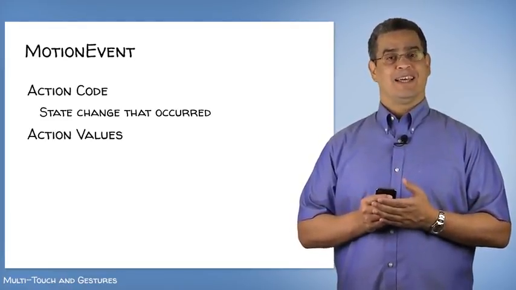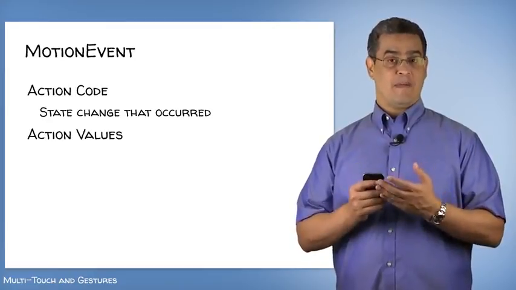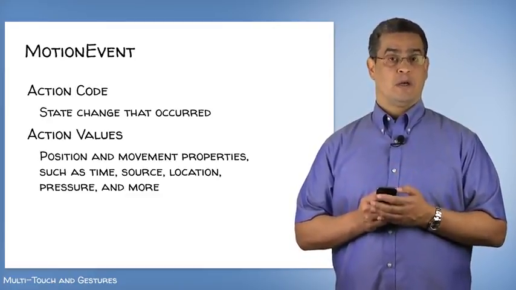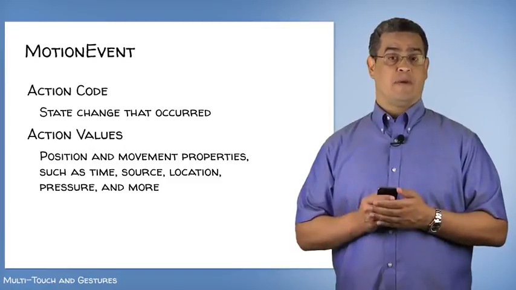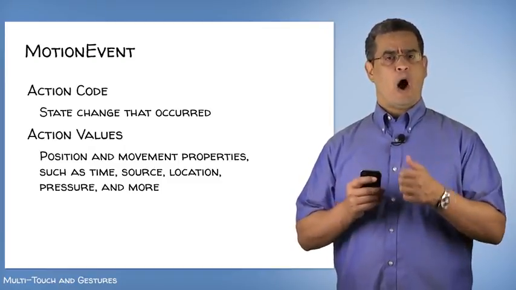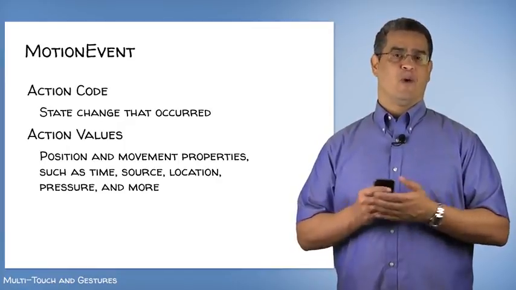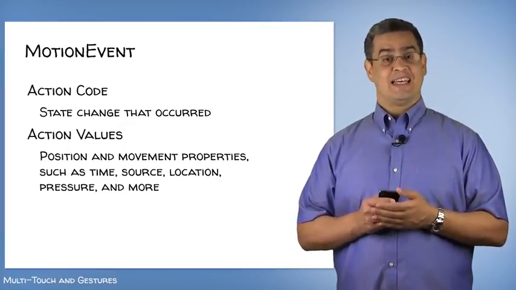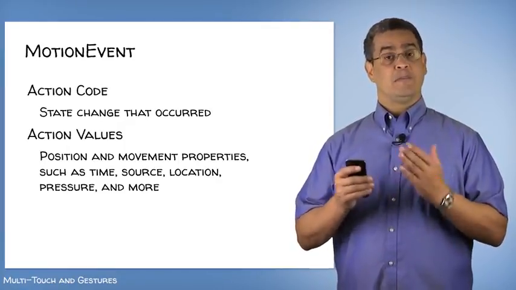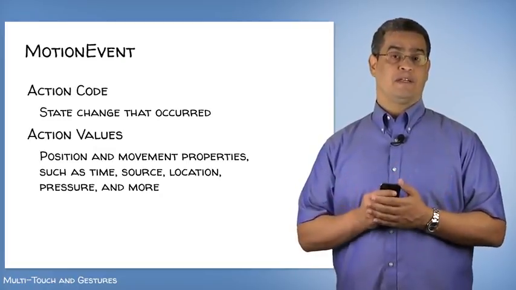For instance, it has information about the time at which the event occurred, which device the event came from, the event's location, and if appropriate, how hard the device was pressed, and more. And as I just said, this information will vary depending on the kind of input device involved.